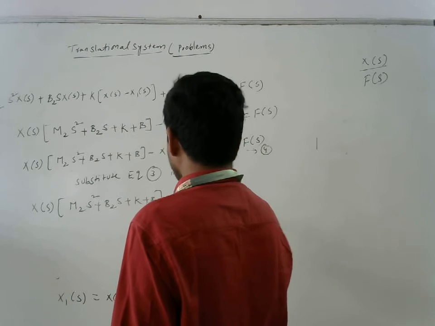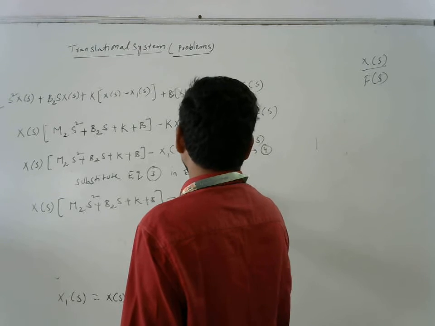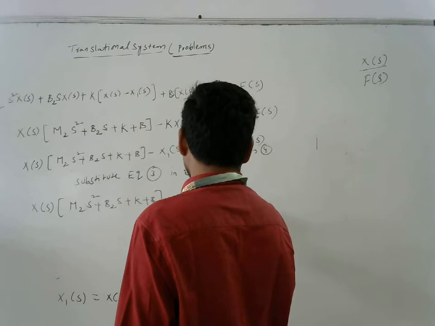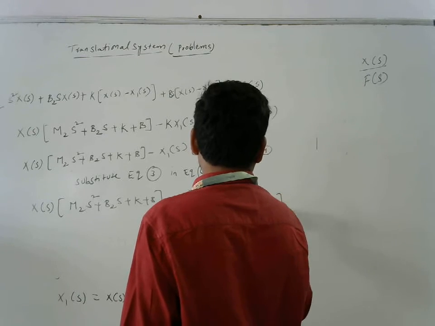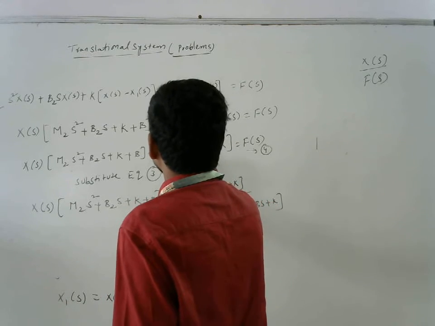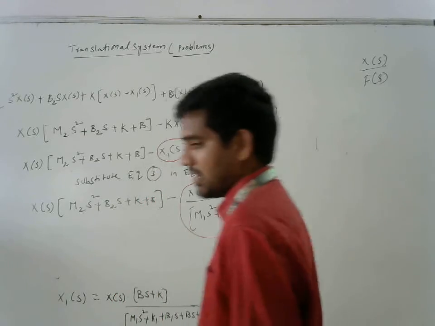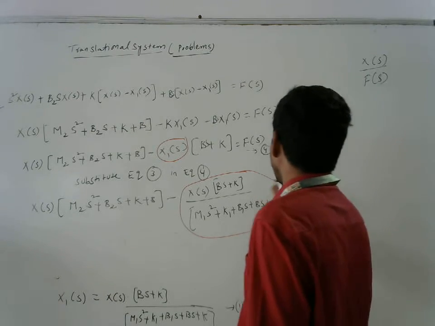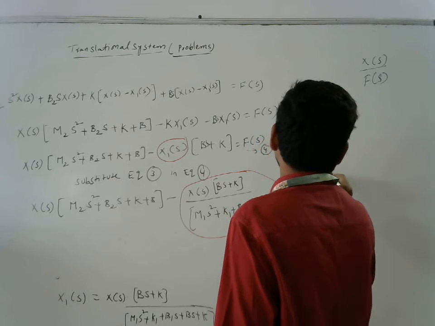From equation 3 just substitute: x of s into bs plus k whole divided by m1 s square plus k1 plus b1s plus bs plus k, in the place of x1 of s, into bs plus k, is equal to f of s.